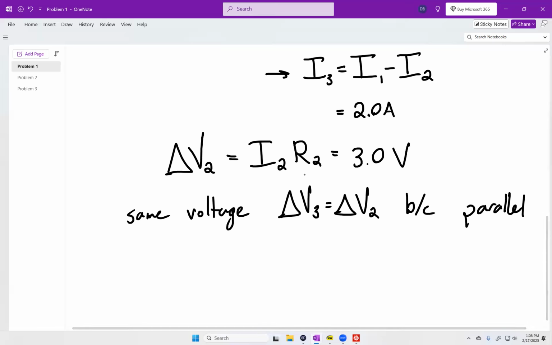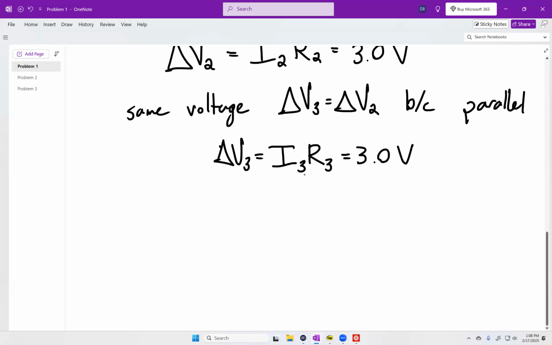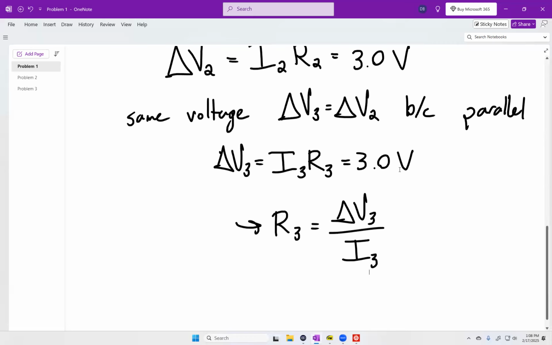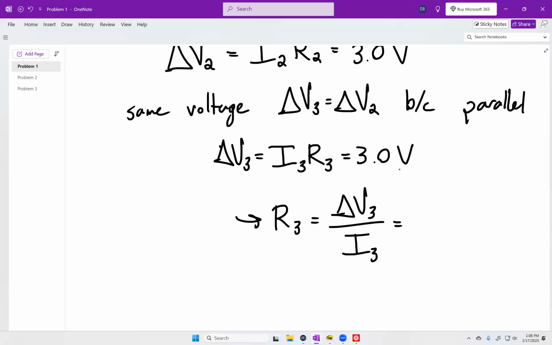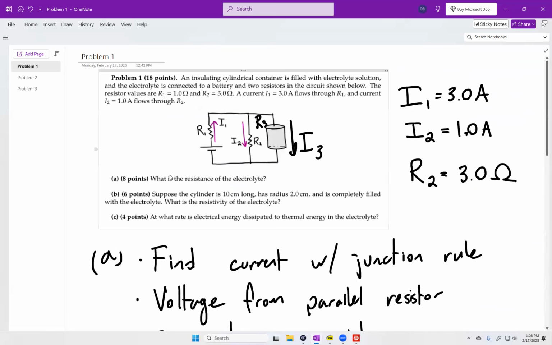So I have delta V3 is I3 R3, which is the same 3 volts, which means R3 is delta V3 over I3, so that's 3 over 2, or 1.5 ohms. All right, so that's the answer to part A.